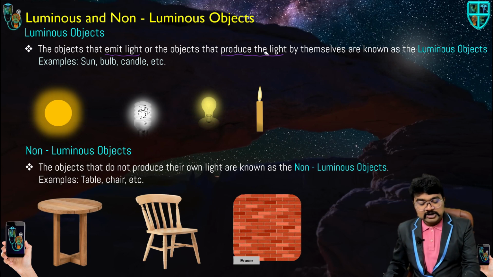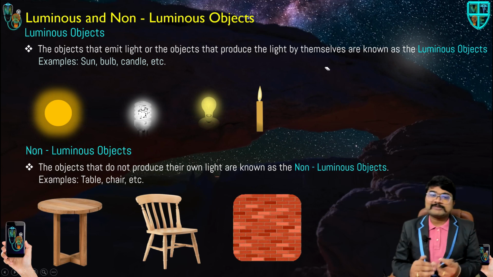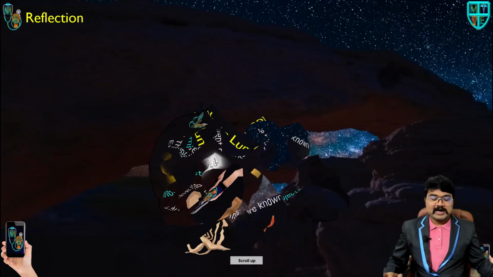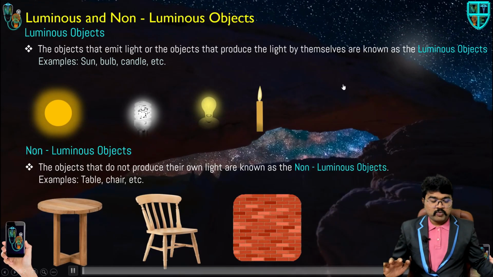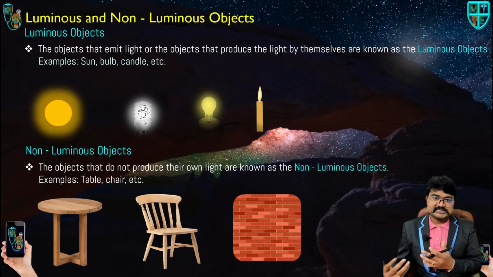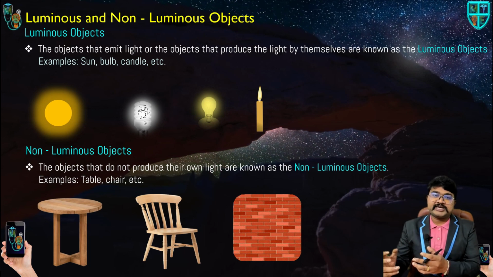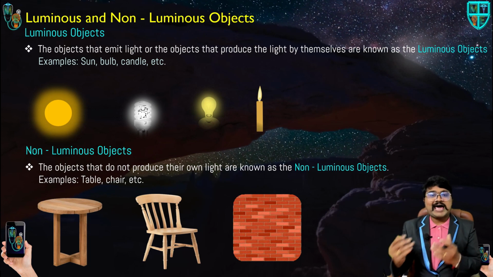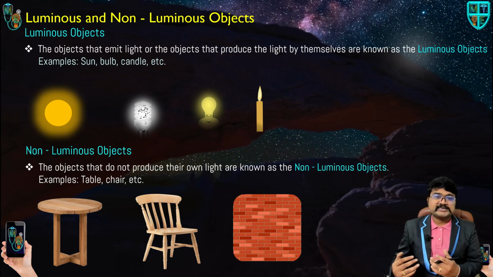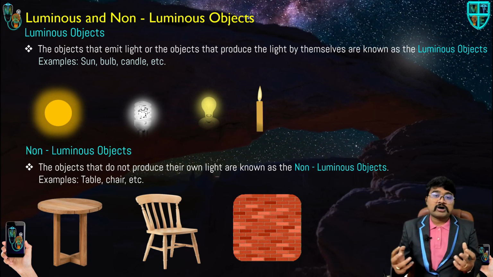So I repeat, here we have two types of objects: luminous objects and non-luminous objects. Luminous objects emit or produce light. Non-luminous objects can't emit or produce light themselves.